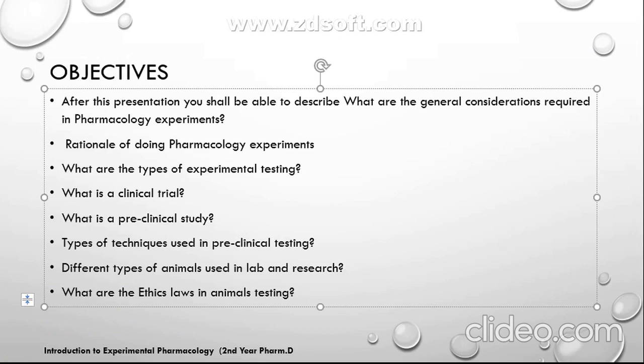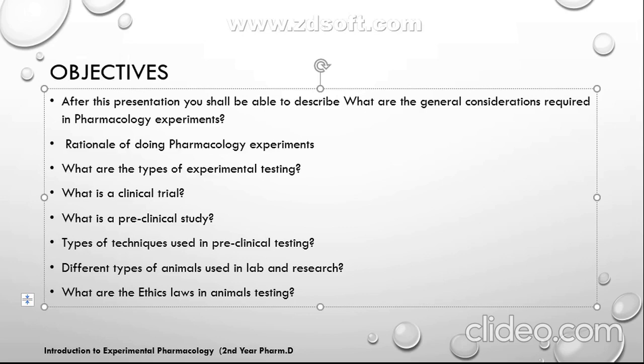The objectives of the introduction in pharmacological experiments are: after this presentation, you all shall be able to define what are the general considerations required in pharmacological experiments. What is the rationale and reasoning behind pharmacological experiments? What are the types of experimental testing?